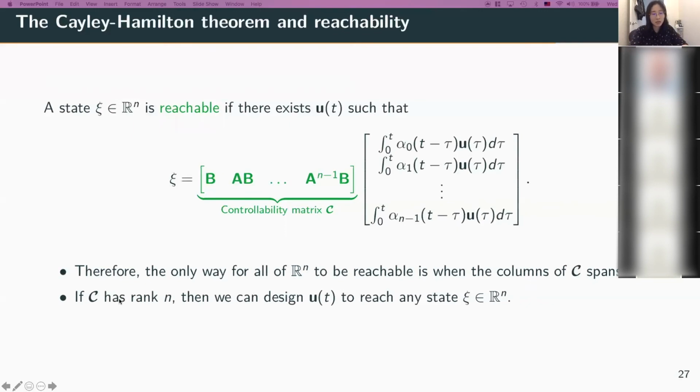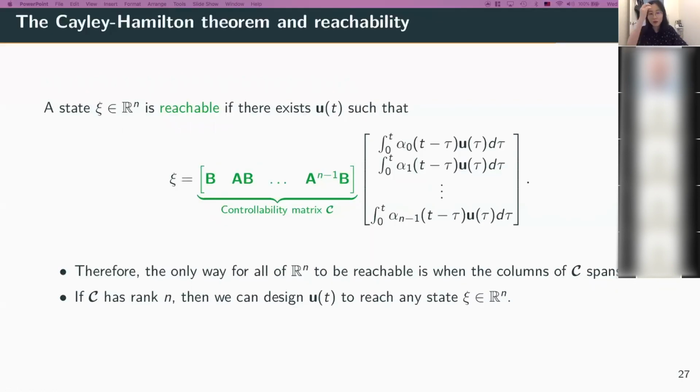And if C has rank n, then we can design some actuation U to reach any state that we want. So if it's full rank, then we can always find some U such that we can map it to the state we want. So this is the quick derivation of the equivalence between controllability and reachability.